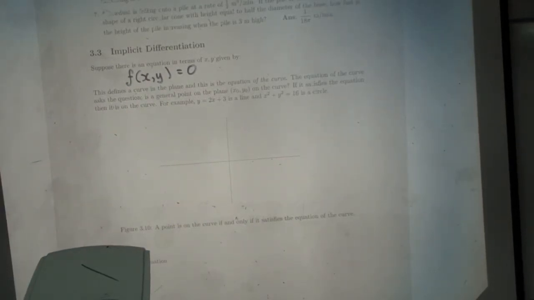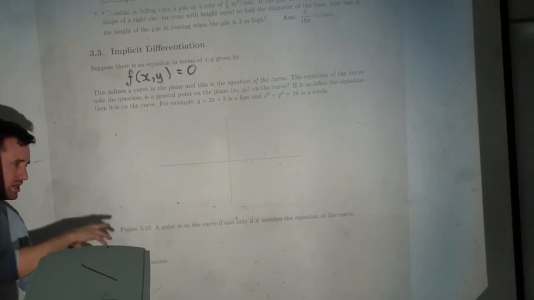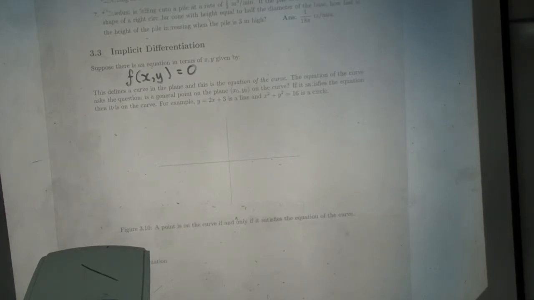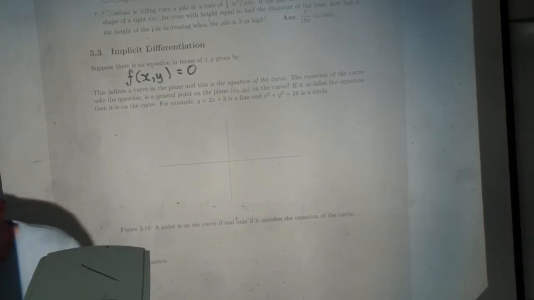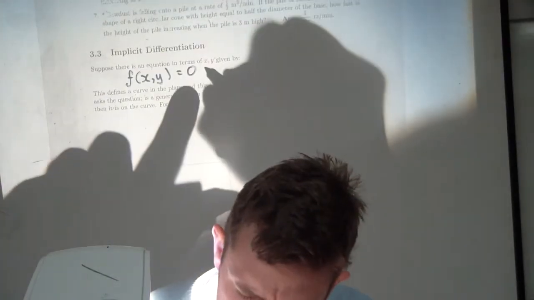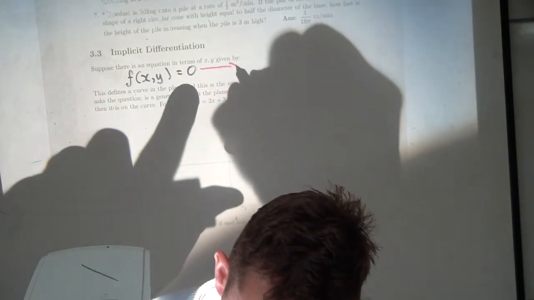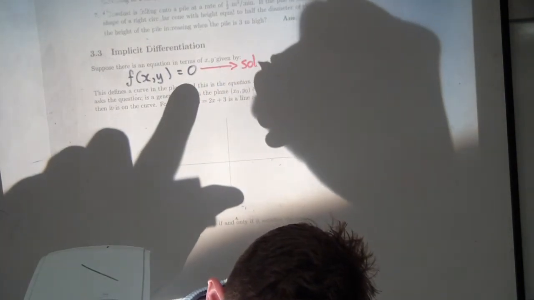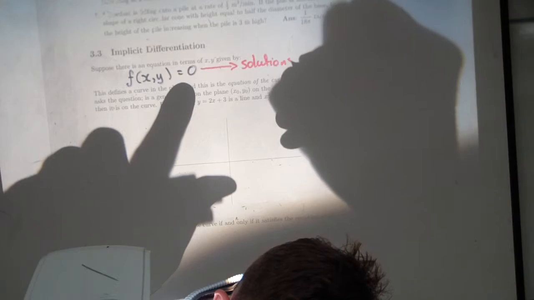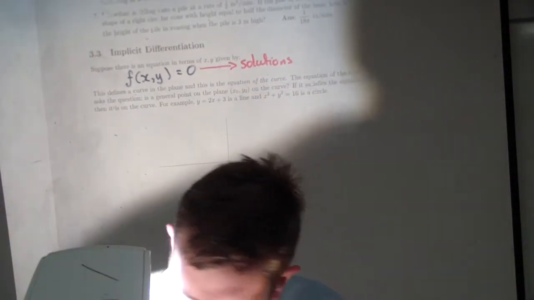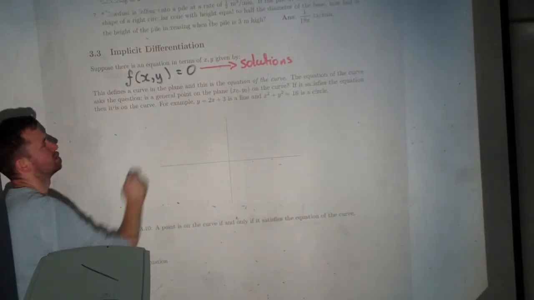And now I will explain the very long explanation of this in the weekly summary. But what we do is we take solutions of this, which will be a pair of numbers. So give me one solution of this.